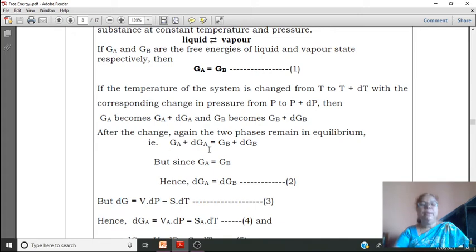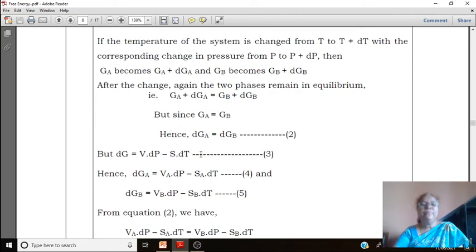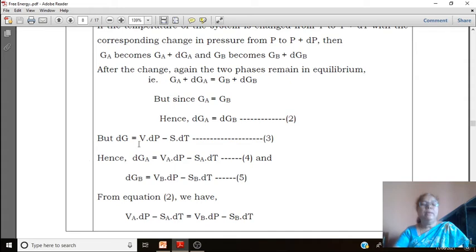So we can write Ga plus dGa equals Gb plus dGb. But since Ga equals Gb, hence dGa equals dGb. Let it be our expression number 3. Again, we have the equation dG equals V dP minus S dT.